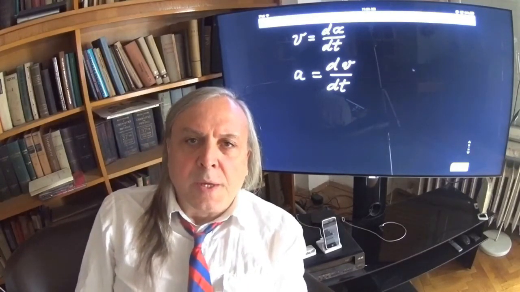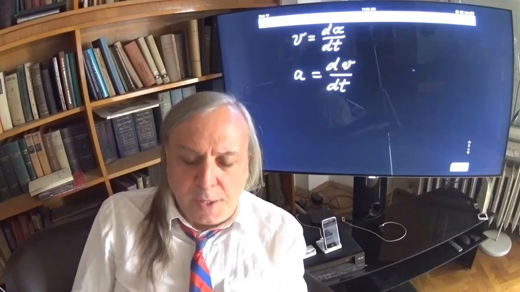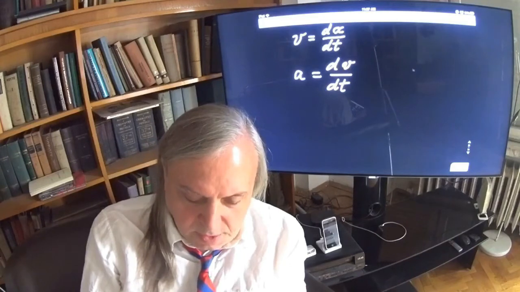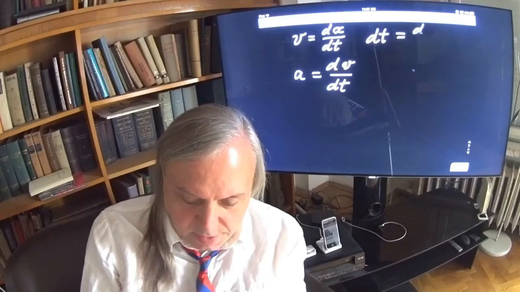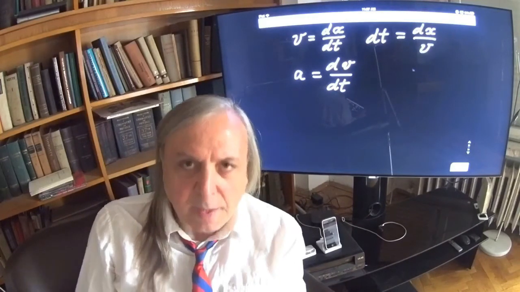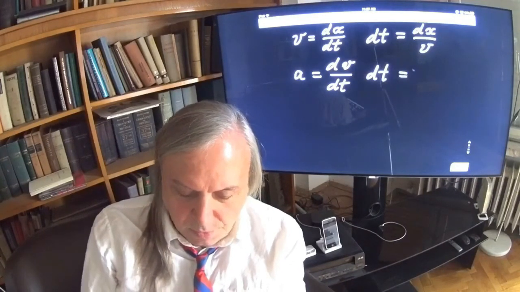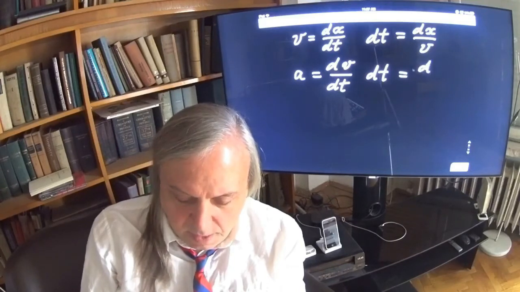From these two definitions, we can express dt in two ways. From the definition of velocity, dt equals dx over v. And from the definition of acceleration, dt equals dv over a.